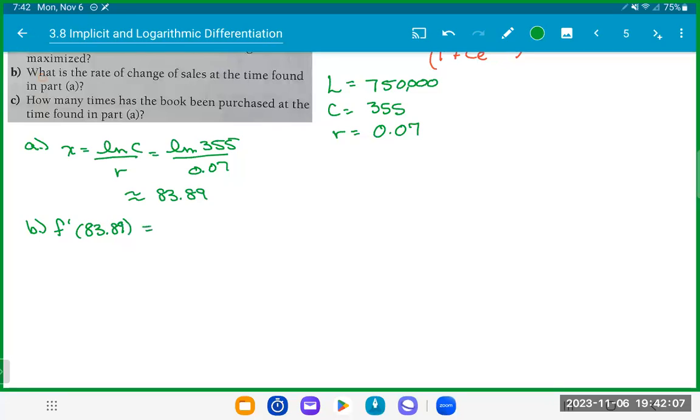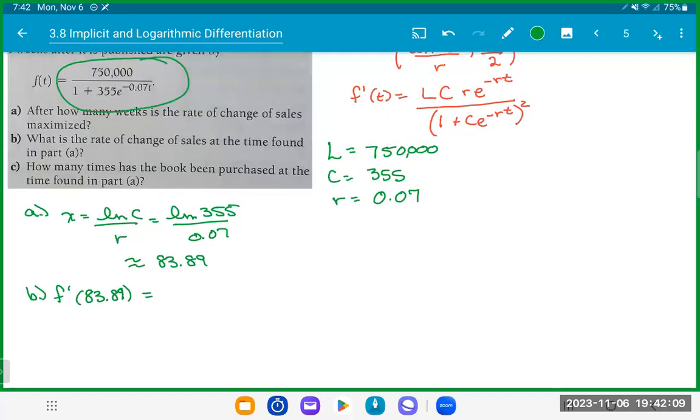And so our derivative is going to be our function here. So we have our L, which is the 750,000 times 355 times 0.07 APR, e to the negative interest rate of 0.07 times the 83.89.